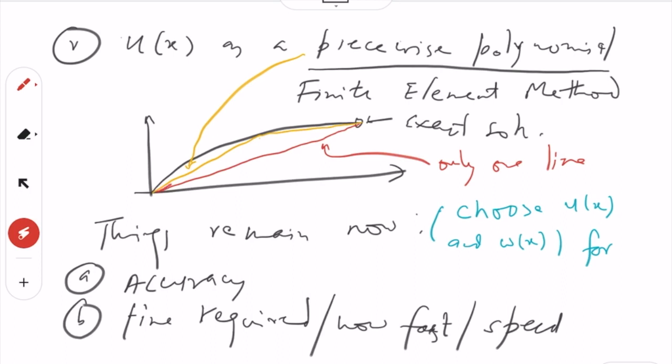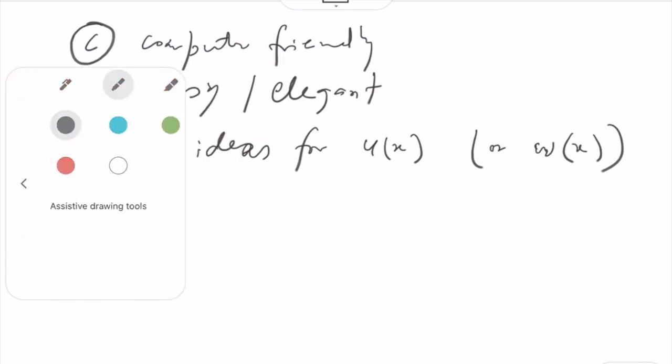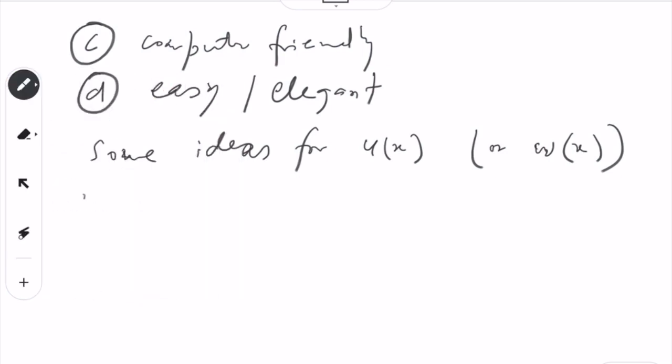Then if you made two lines, this is better than one line, but still not exactly tracing the exact solution. We can have more elements, or more polynomials or lines to fit, and it will fit even better, and so on. So for accuracy, we can increase the number of elements or polynomials. Let us look at one by one.